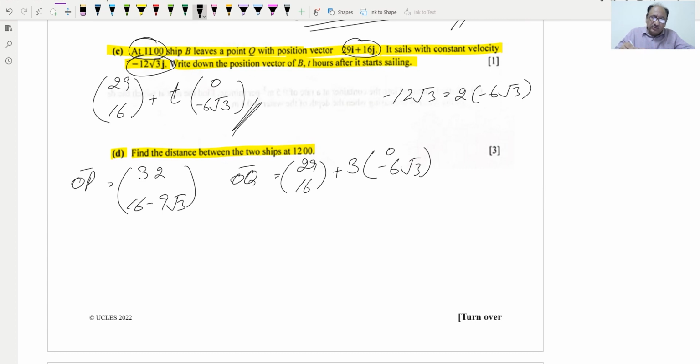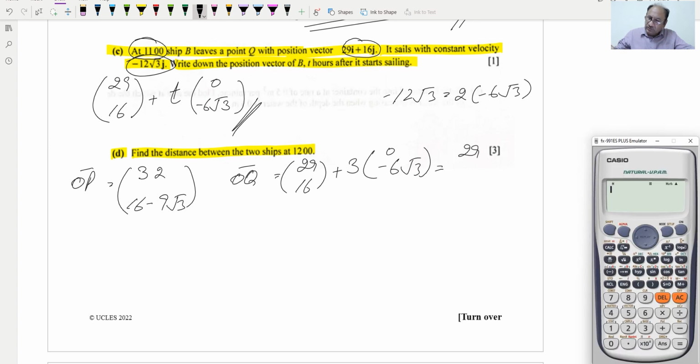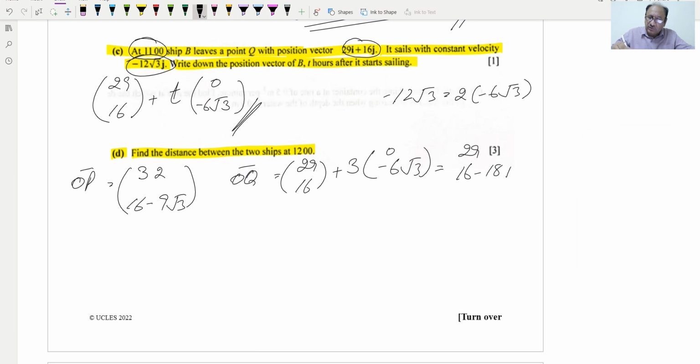Now we can rewrite it as, basically this will be 3 zeros are 0, so 29, this will remain 29, and when we multiply this 16 plus this will be 3, and multiplication minus 6 root 3, and this will be equal to 16 minus 18 root 3. So 16 minus 18 root 3.